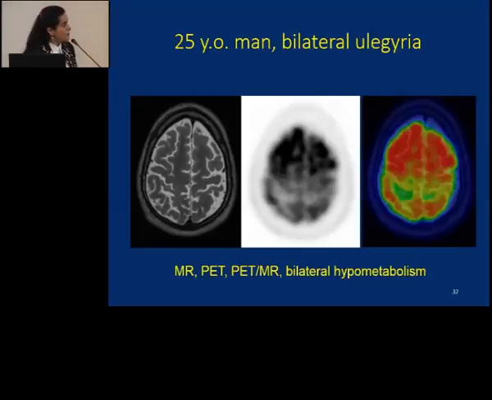Okay, so you can see this bilateral hypometabolism, which in other circumstances would be the cause for epilepsy just because of the hypometabolism. But when we combine this finding, this decreased metabolism, with the morphological findings, we can be sure that the decrease is because the brain tissue is decreased in relation to the normal one.